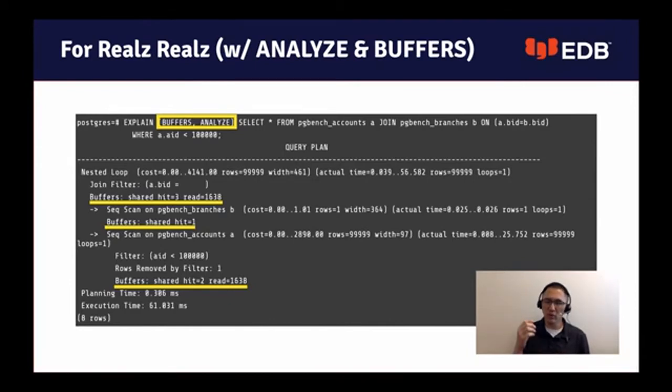If I ran this again, I'd get a higher value for hits and a lower value for reads. If you see a lot of unexpected reading from disk, you might need to increase shared buffers, because the data isn't being kept in the cache and you keep having to pull it from disk. That's an indicator that you're not using enough memory.